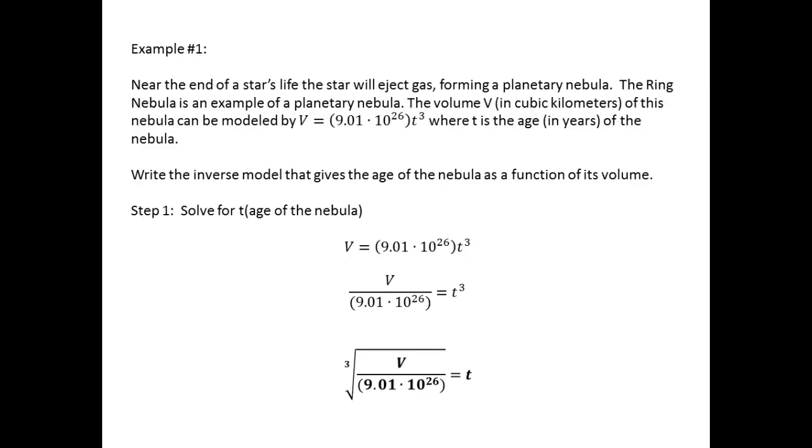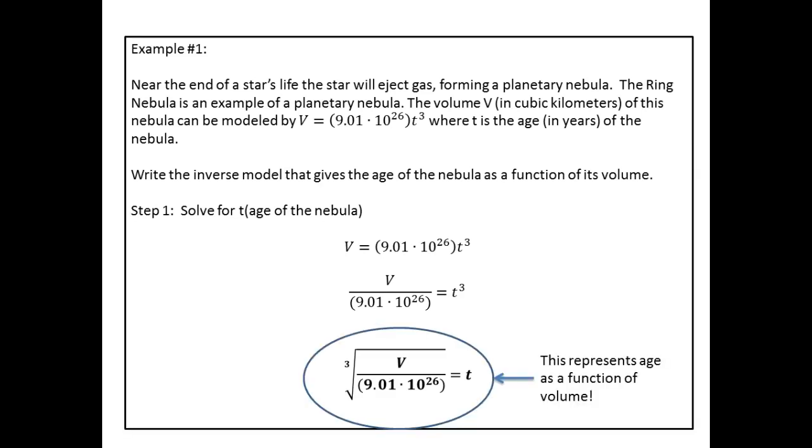So let me go back and review what we did. We started out with an equation V is equal to 9.01 times 10 to the 26th power times T to the third power. I solved for T by dividing both sides by the number and then taking the cube root of both sides. And that means I have T, which represents the age, as a function of volume.